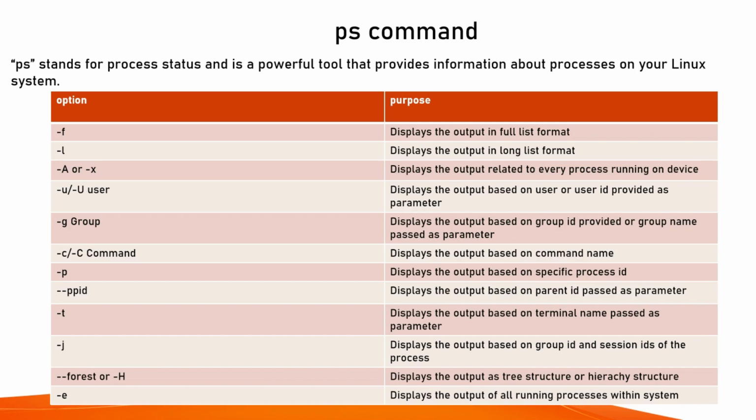We will see it in our demo session. Moving to the next important option, we have -t, and as the name suggests, it stands for the terminal name. So it will display the output based on the terminal name passed as a parameter. Moving to the next one, we have -j, and it will help you display the output based on the group ID and the session IDs for the process.